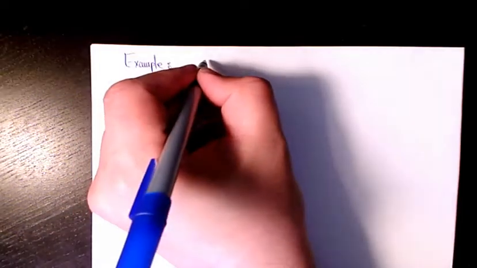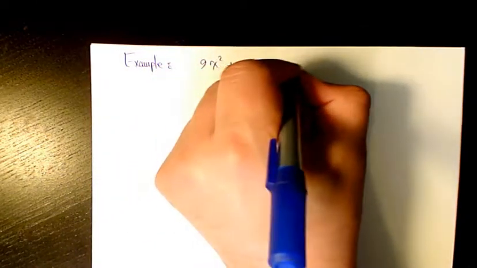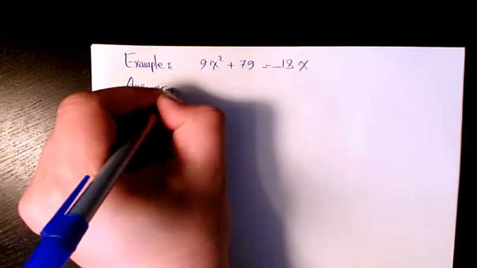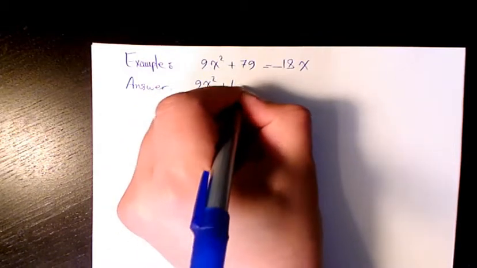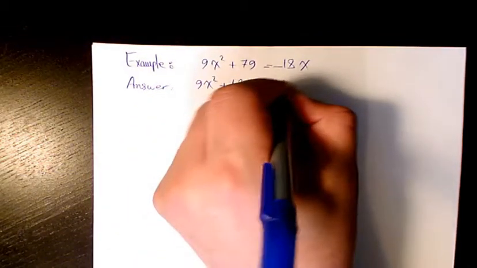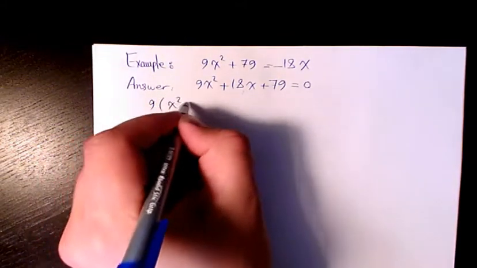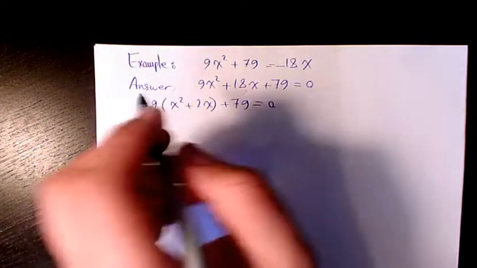Next example is 9x squared plus 79 equals negative 18x. The answer is 9x squared plus 18x plus 79 equals 0. So I factor 9 here, x squared plus 2x plus 79 equals 0.